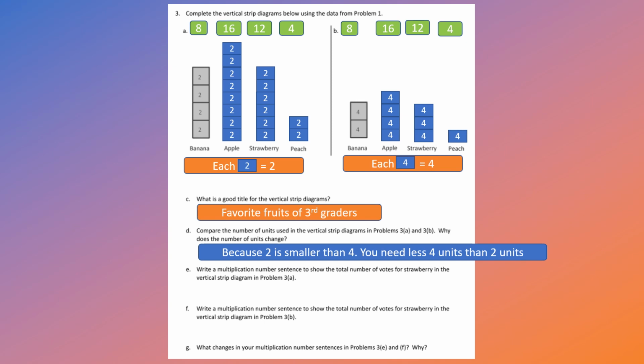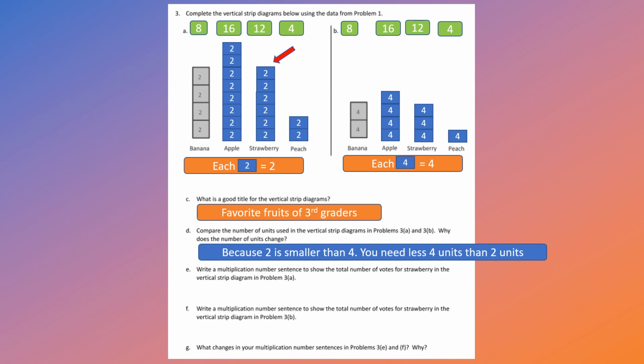Let's go on to question E. Question E says, write a multiplication number sentence to show the total number of votes for strawberry in the vertical strip diagram in problem A. So I'm going to draw a little arrow here. All right, this is the column that you need to be representing in a multiplication number sentence.